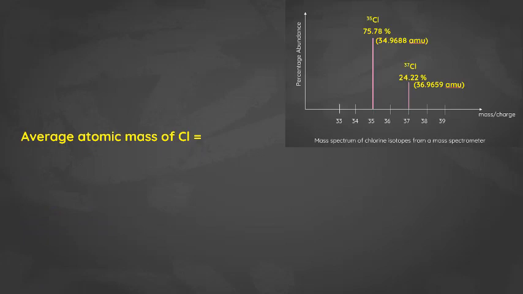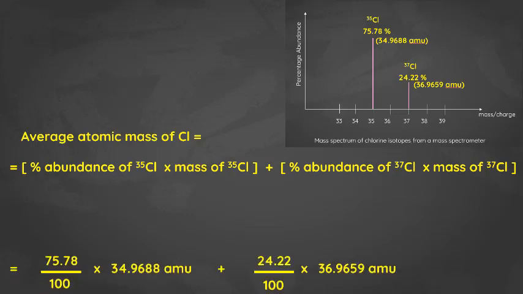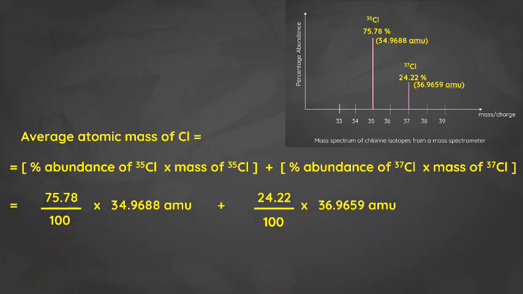The percentage abundance of chlorine-35 is multiplied with its isotopic mass plus the percentage abundance of chlorine-37 multiplied with its isotopic mass. The average atomic mass of chlorine calculated is 35.4525 AMU.